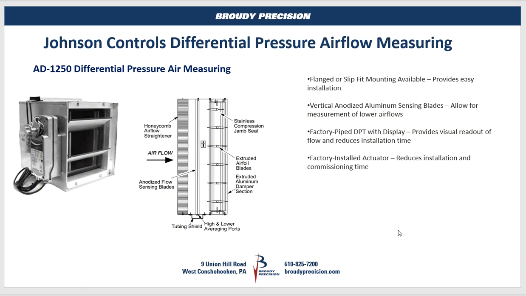It's factory piped differential pressure with a display, so the transmitter that you see on the side also has a display on it, so it will produce a value as well as report one back to the building automation system. And we have vertical anodized aluminum sensing blades, which allow for very low airflow measurements. Now, this system is the AD 1250 differential pressure airflow measuring system.